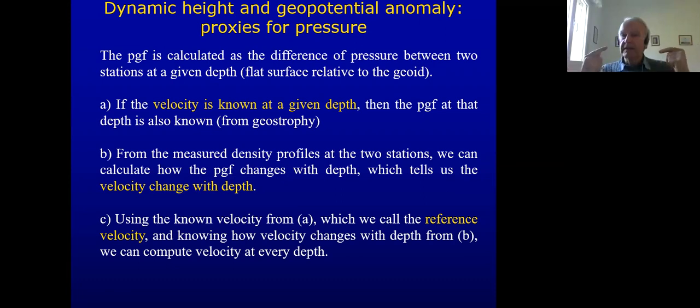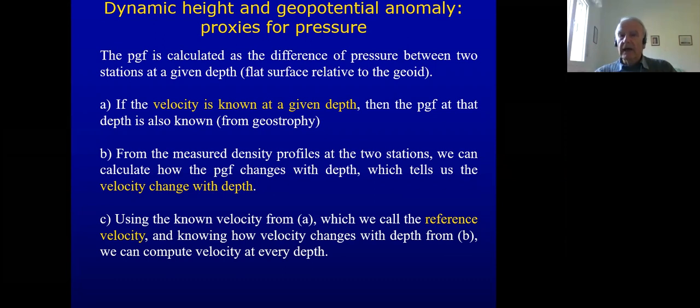And so, in some way, you have to obtain the absolute velocity at one single depth, and then add to this the vertical shear, and obtain the full distribution of the velocity with depth, in absolute terms. Otherwise, you obtain only a velocity in relative terms. So you have to know the velocity at a certain depth, which is what we call the reference velocity.